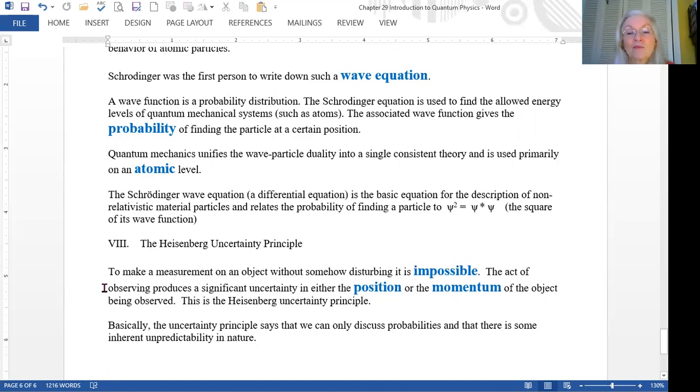You can't measure both at the same time for an object, because you can't make a measurement without disturbing it. So we only discuss probabilities when we look at the Heisenberg uncertainty principle. Again, you can measure either the position or the momentum, but not both simultaneously.